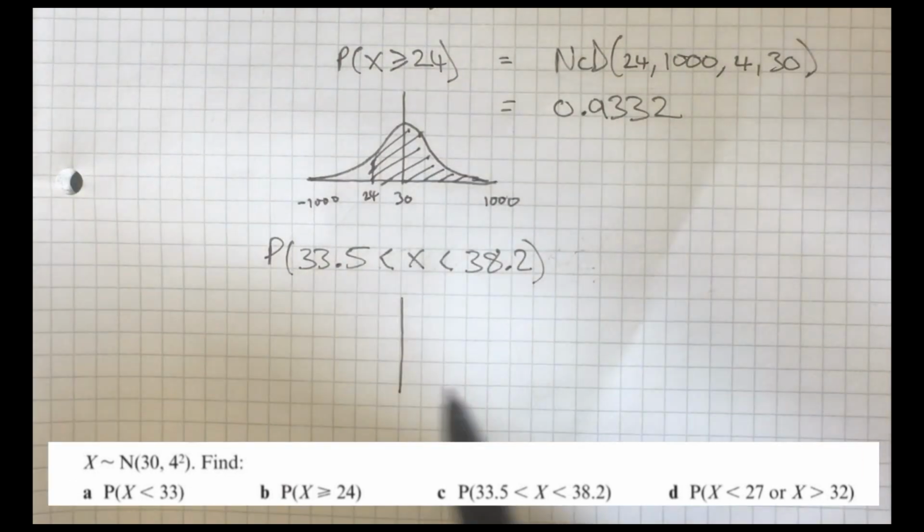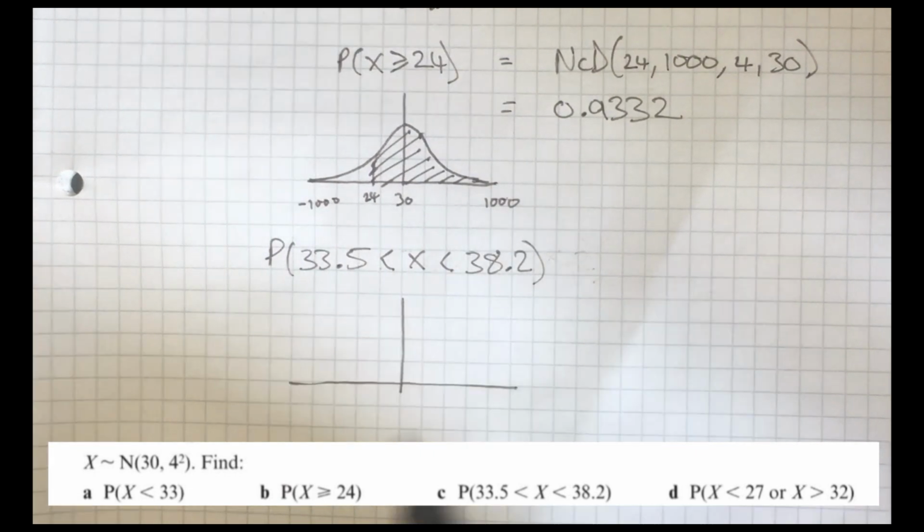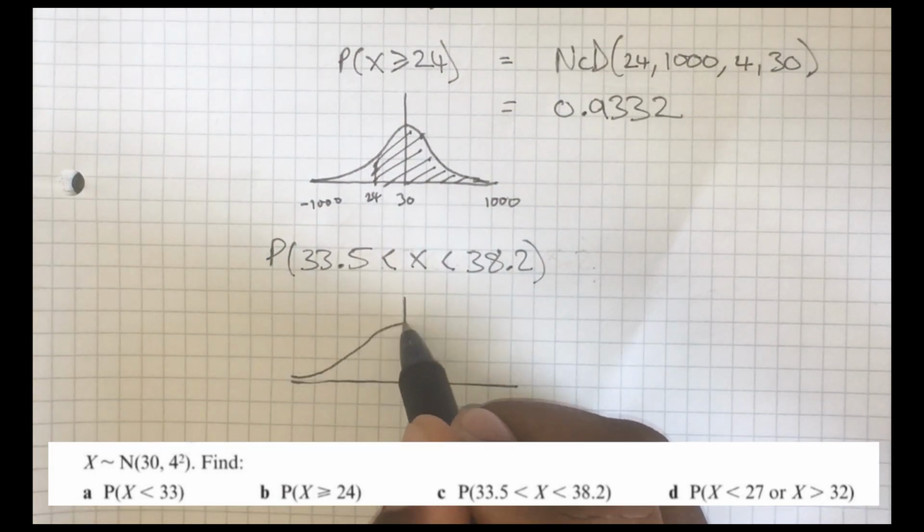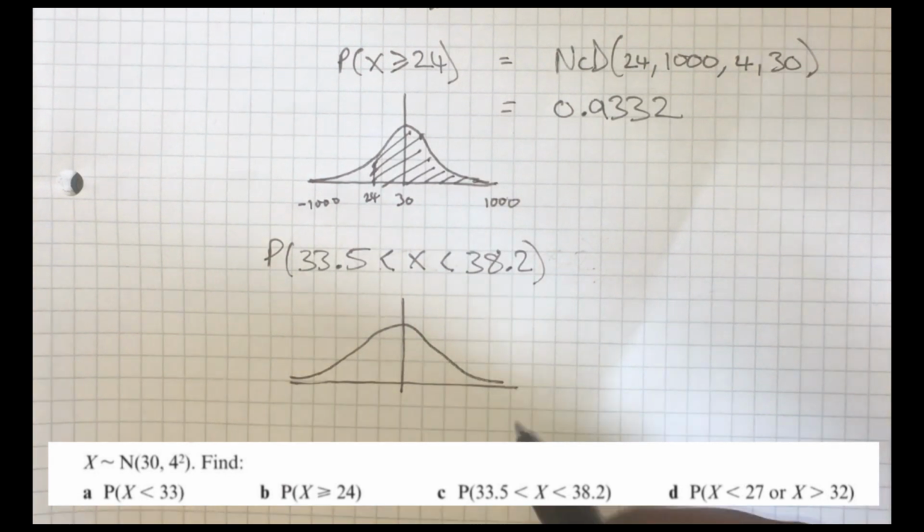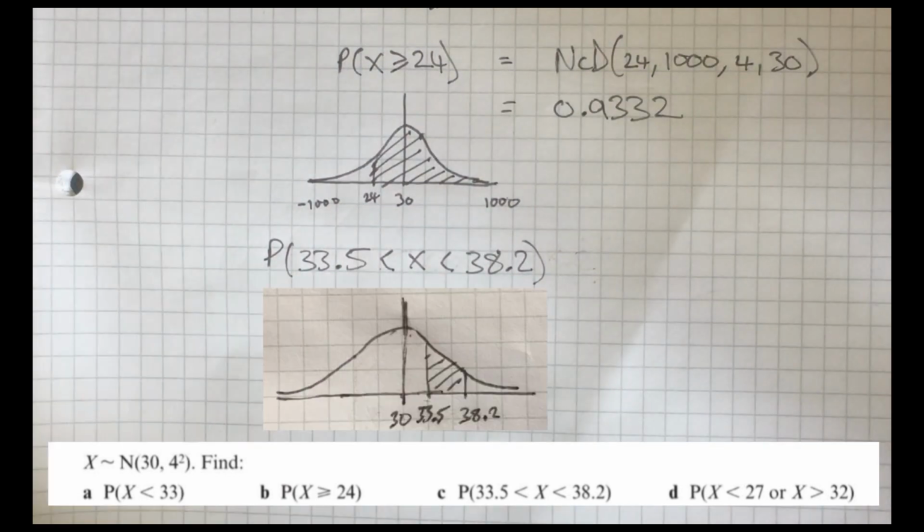Okay, let's look at this one. We're not actually going to the tails in this one. So the probability that it's in between 33.5 and 38.2. I'd expect them both to be on the right hand side since they're bigger than 30.